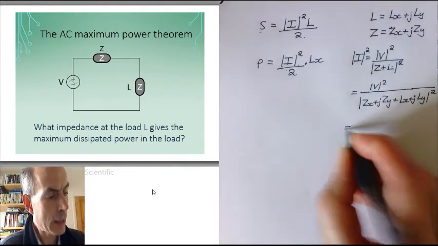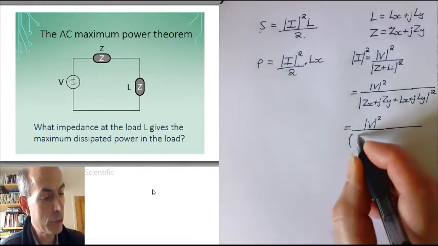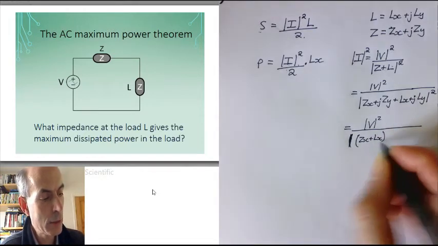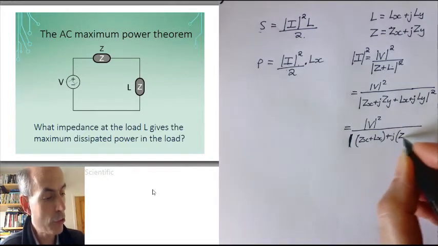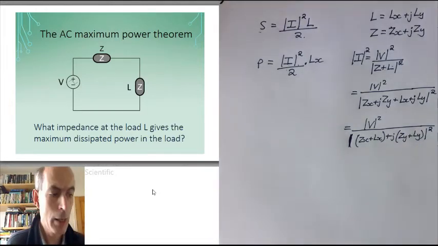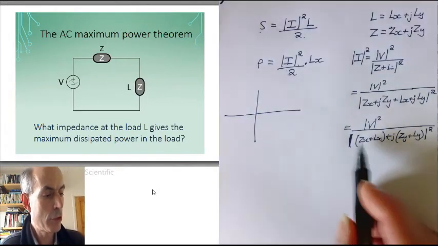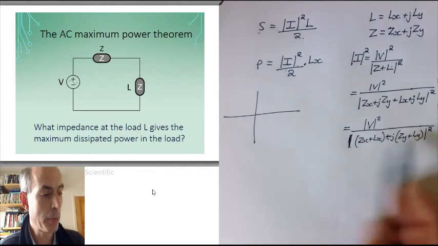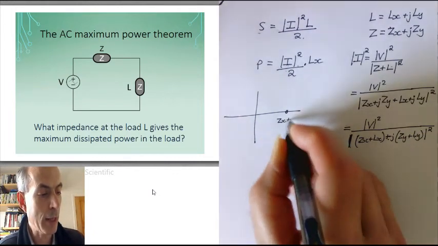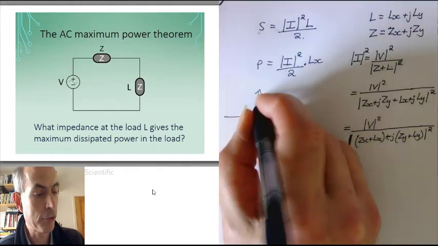If I write that collecting the real and imaginary terms like this, I could say it's the modulus of Zx plus Lx plus j times Zy plus Ly. Right, think about this on an Argand diagram. The total complex number, represented by that denominator there, has a real part of Zx plus Lx and an imaginary part of Zy plus Ly.